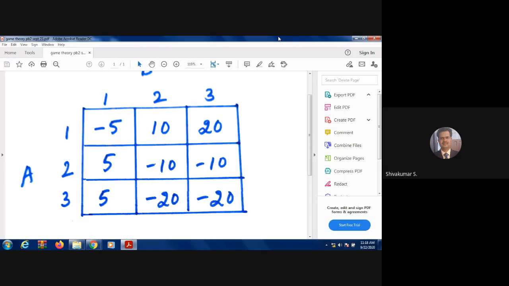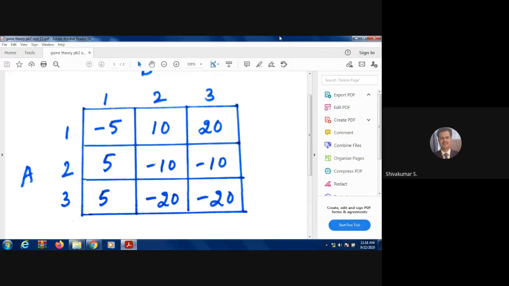Done. Now you get a 2 by 2 matrix. Strategies 1 and 2 for A, 1 and 2 for B. The values are minus 5, 10, 5, minus 10.